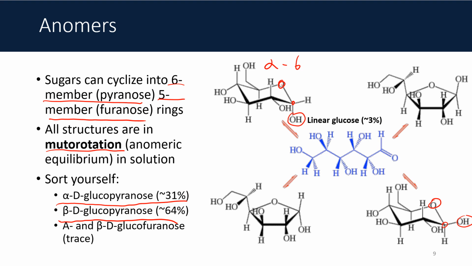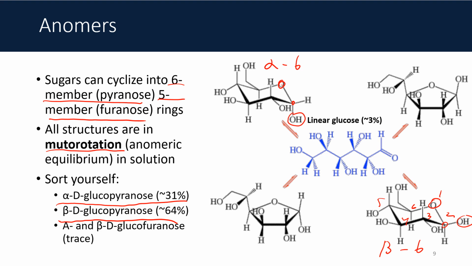This one's pointing up. It's on the top side of that ring plane. It's a beta pyranose. And I know it's a pyranose because 1, 2, 3, 4, 5, 6. Don't forget to count the oxygen. It's part of the ring, even though it's not a carbon. It's a 6-membered ring.